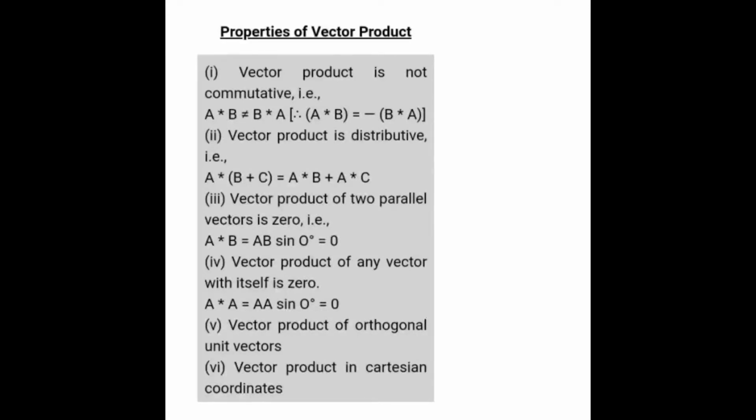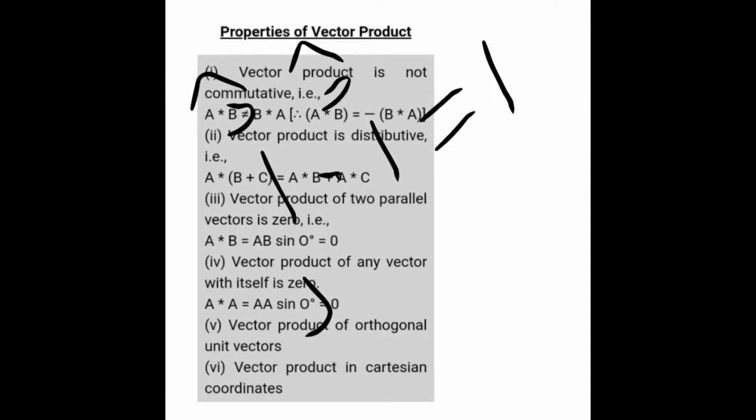So i dot i, when two vectors are multiplied with a dot, that is scalar multiplication, i cap dot i cap equals 1, j cap dot j cap equals 1, right? k cap dot k cap equals 1, right?